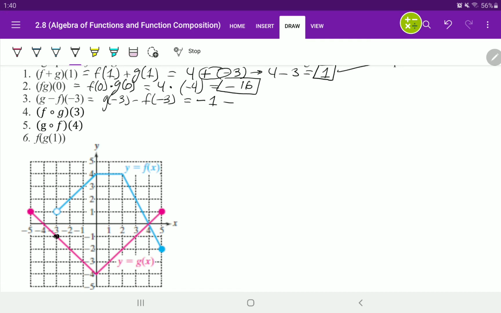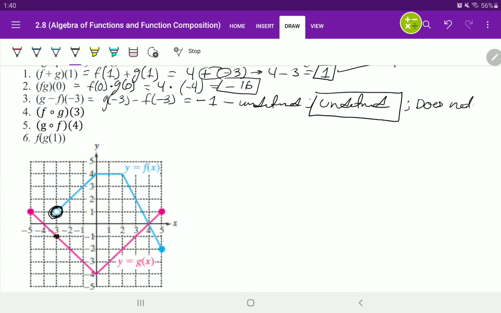Minus f of negative 3, which is an open circle. This means this point does not exist on this graph, so that is undefined. Which means this answer is going to be undefined, or you can put the answer is does not exist. Either one.